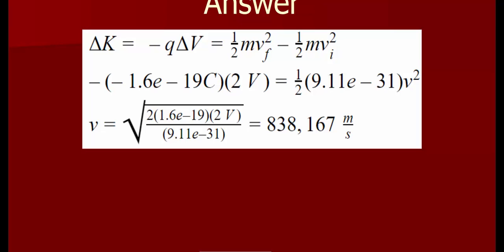So this is 1.6 times 10 to the negative 19 times 2 volts. That will give us our change in kinetic energy, or our QV. Are we okay with that? And we know it started from rest, so our initial velocity is 0. Right, so we just have to calculate the final velocity as being 1/2 m v squared. What the heck is this 9.11?